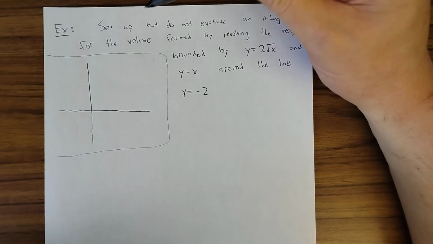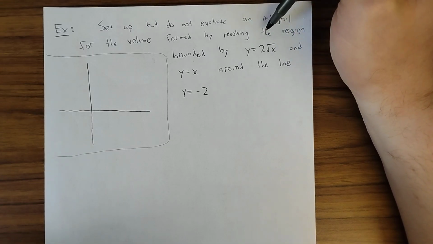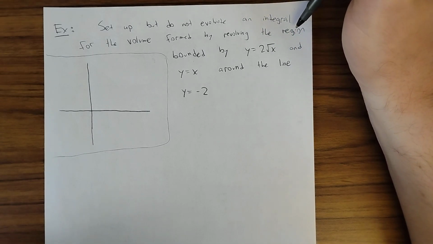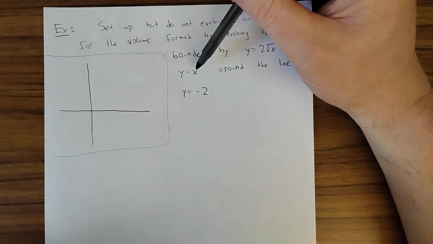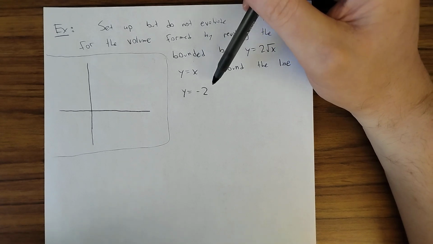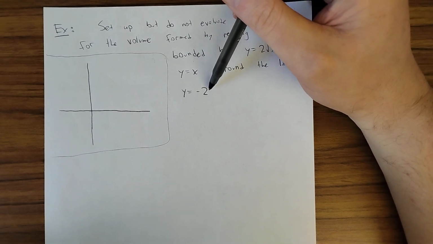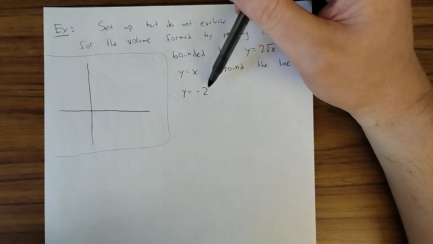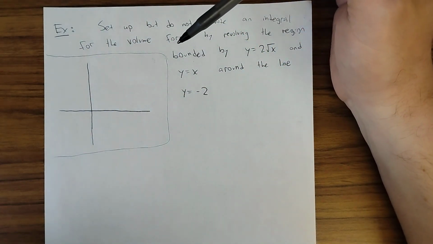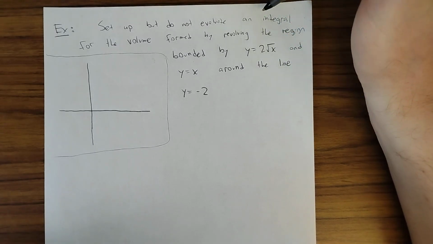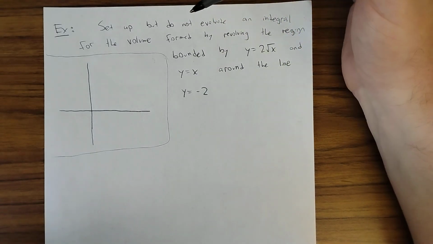Anyway, we're going to set up an integral for the volume formed by revolving the region bounded by y equals 2 square root of x and y equals x around the line y equals -2. I started to draw some axes here, but I decided to leave this question without drawing a picture.